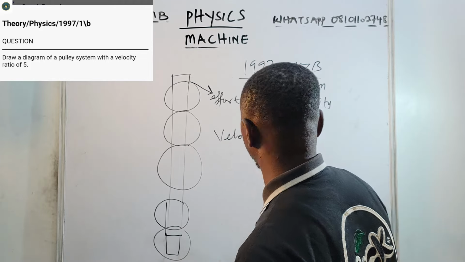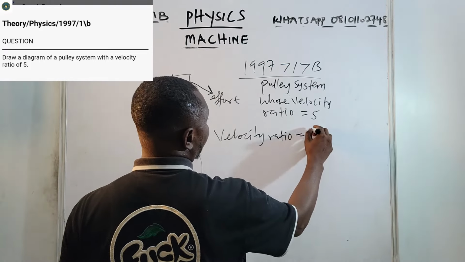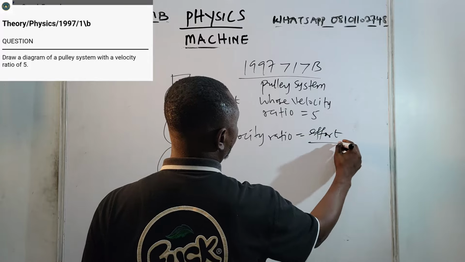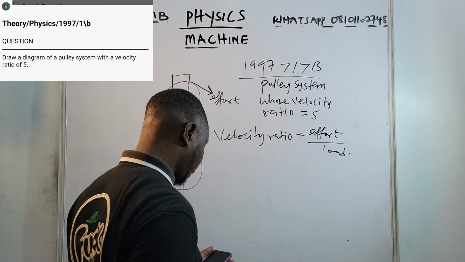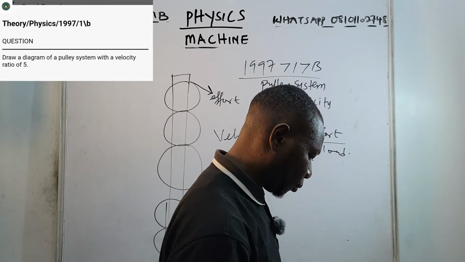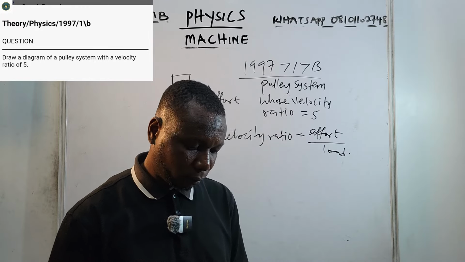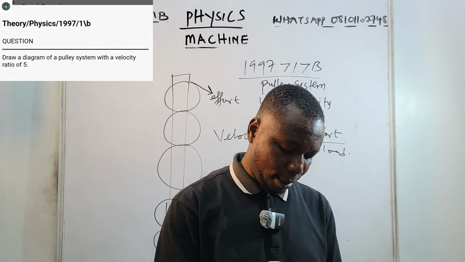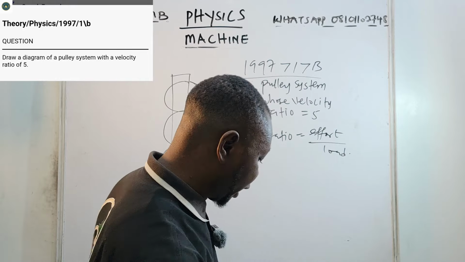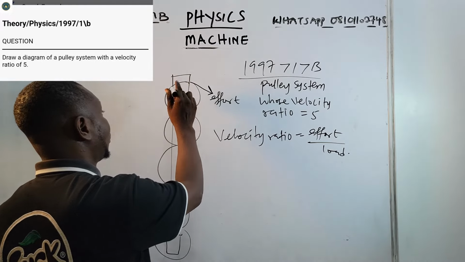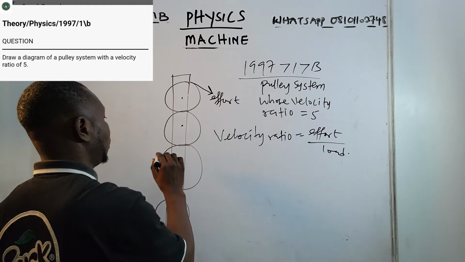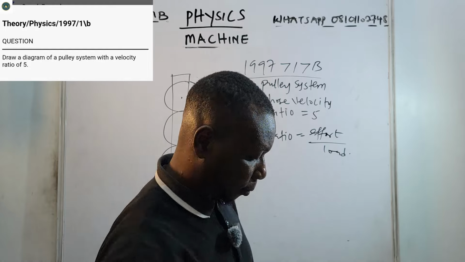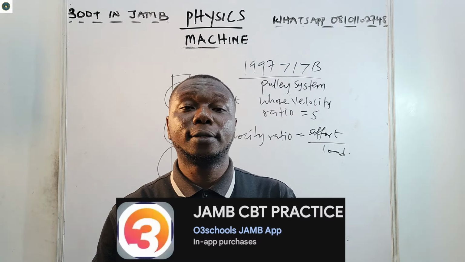Because at that point, the velocity ratio becomes effort over load. If they ask you to sketch for 3 systems, you stop at 3. 1, 2, 3. Okay. All right.